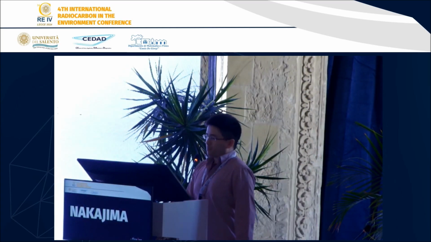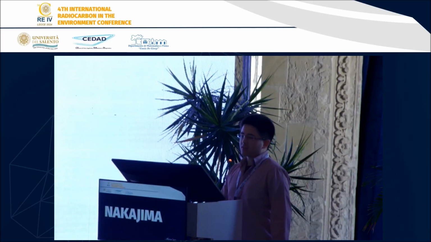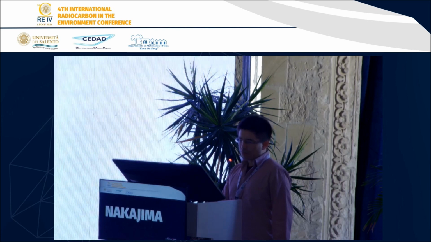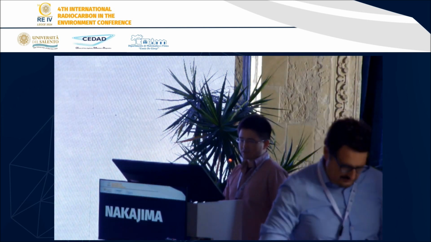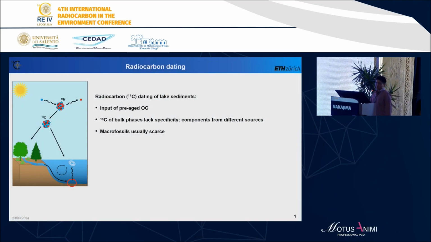So the problem with radiocarbon dating lake sediments is that the carbon found in sediments comes from various components of the carbon cycle, which may all be characterized by their unique 14C signature and their history of transport and recycling processes. So we have a lot of pre-aged organic carbon in lake sediments, as well as carbon marked by reservoir effects or hard water effects.